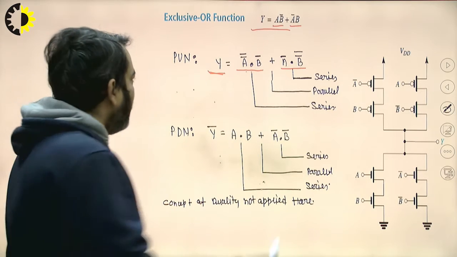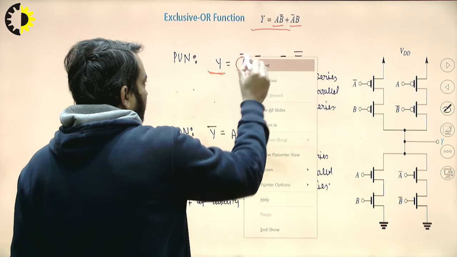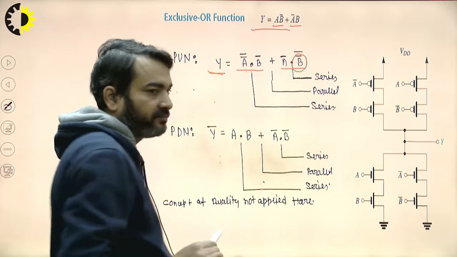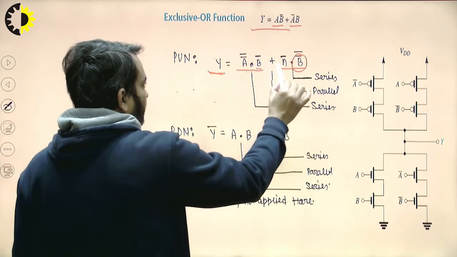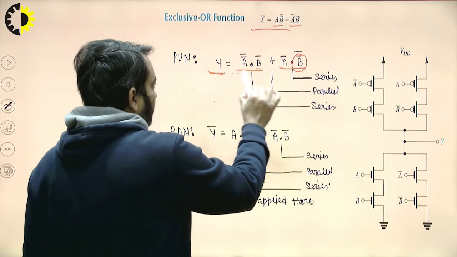The actual inputs will be A bar and B bar in one term, while in the other term the actual inputs will be B and A. So first we will realize this particular term.